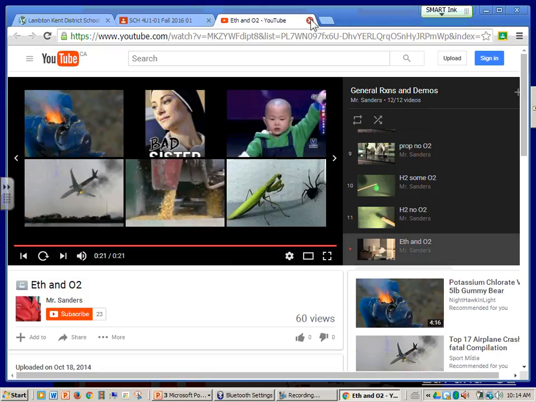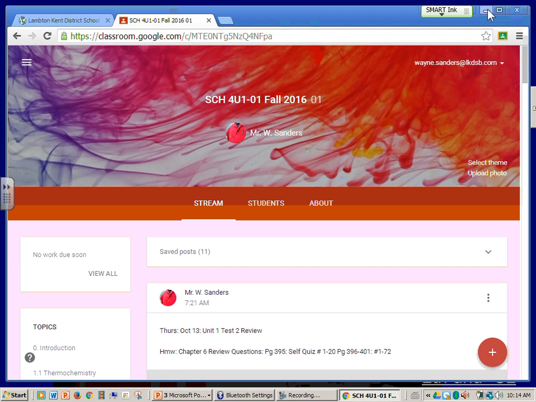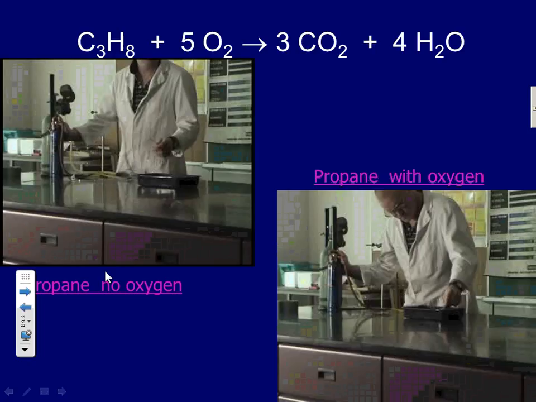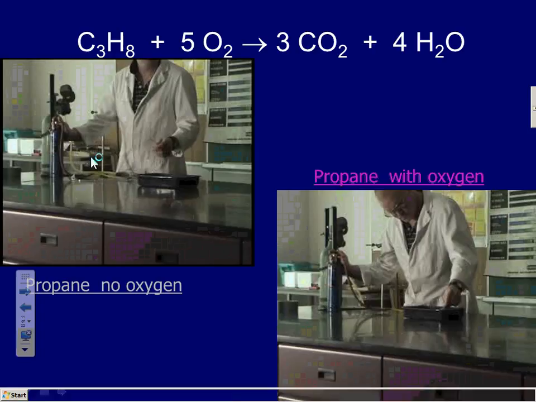So that's ethanol. These two reactions are propane. I don't do this demonstration anymore because I use methane instead. The one on the left, I don't give it enough oxygen. So here we've got propane with no oxygen.